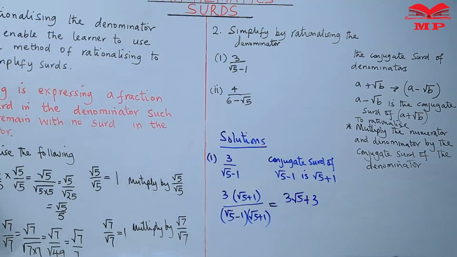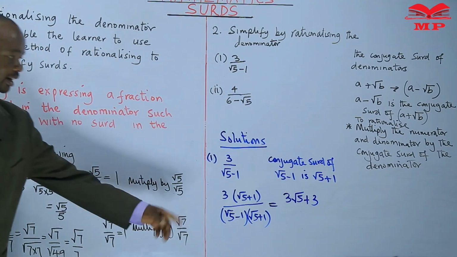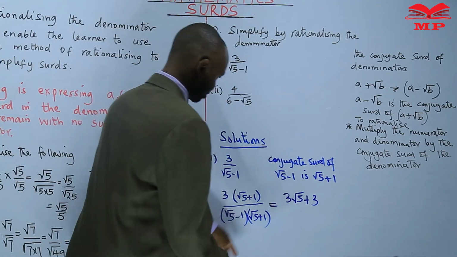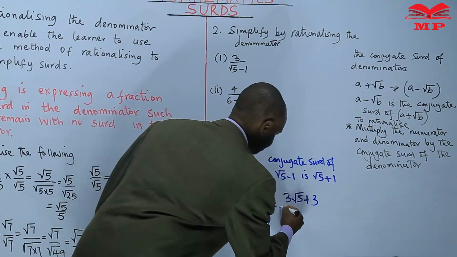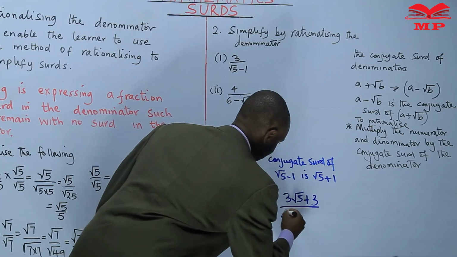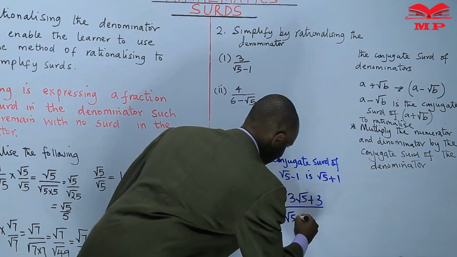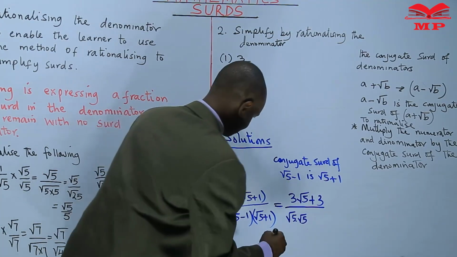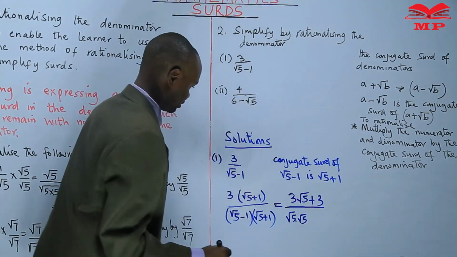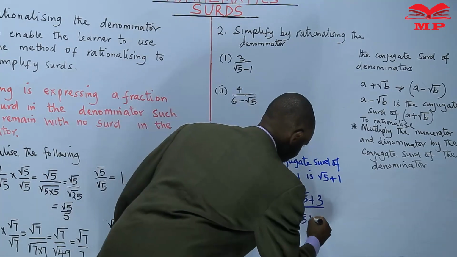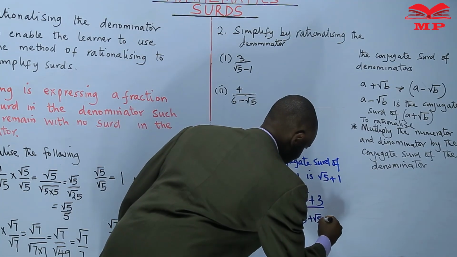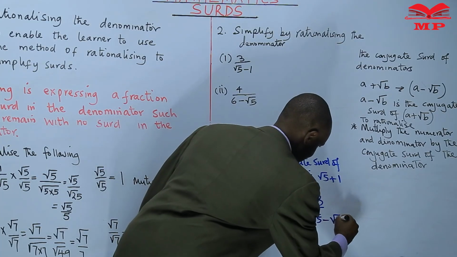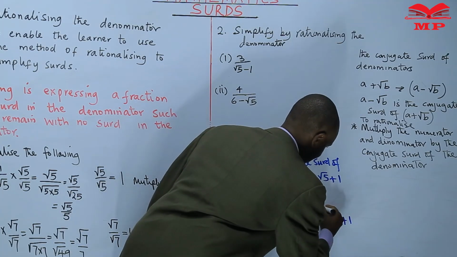You open the brackets. Then here you open the bracket, square root of 5 times square root of 5, minus, plus square root of 5, minus square root of 5, plus 1.